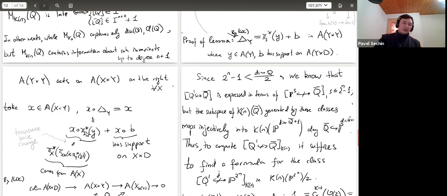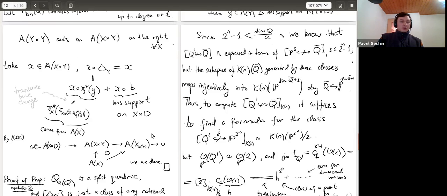You can check that if you act by this part on any element in X times Y, then it will come from the pullback along the projection to X. And if you act by this element on any element of X, then it will still have support on D in this second factor, on Y.